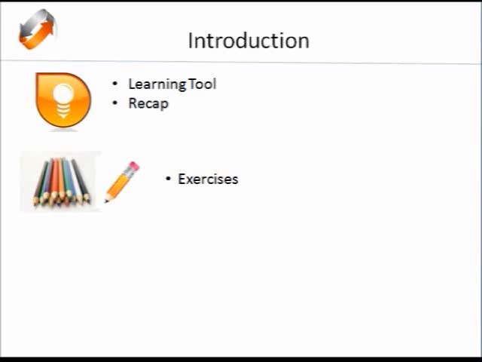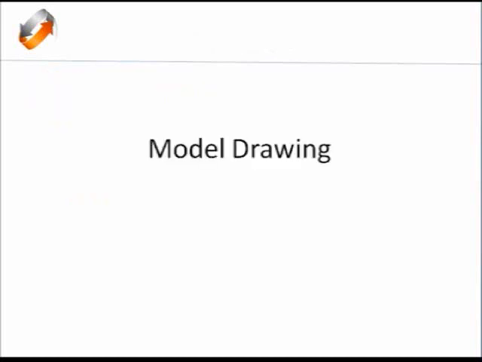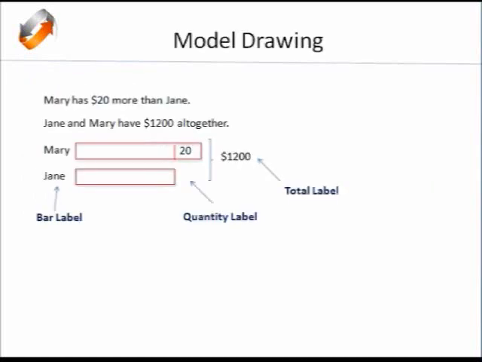Now let's get started with model drawing. Mary has $20 more than Jane. Jane and Mary have $1,200 altogether. What you would do is to draw a longer box to represent Mary and a shorter box for Jane.